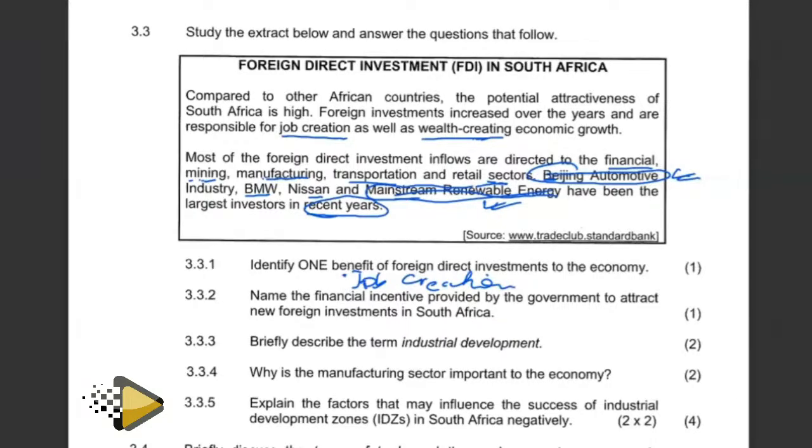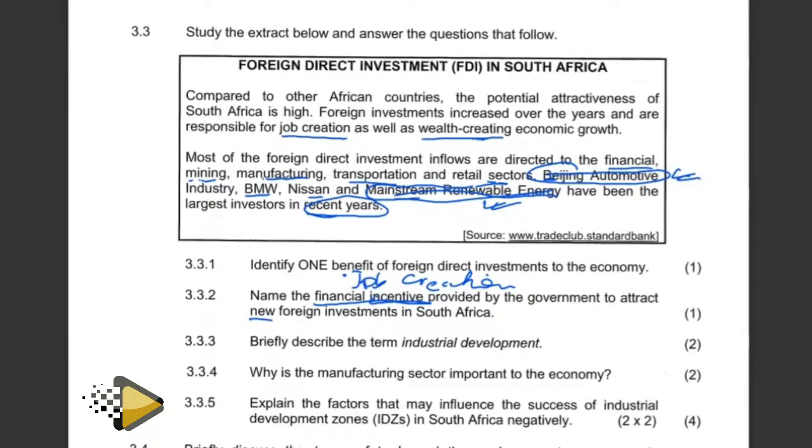The second question reads as follows: name the financial incentive provided by the government to attract new foreign investors in South Africa.